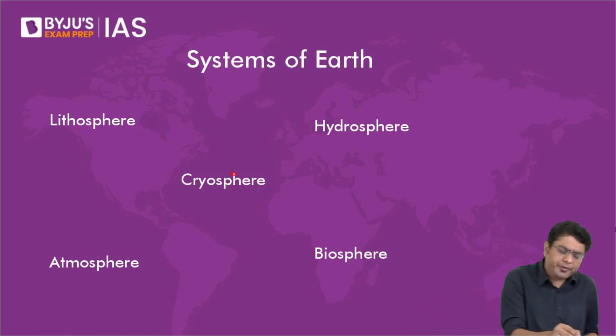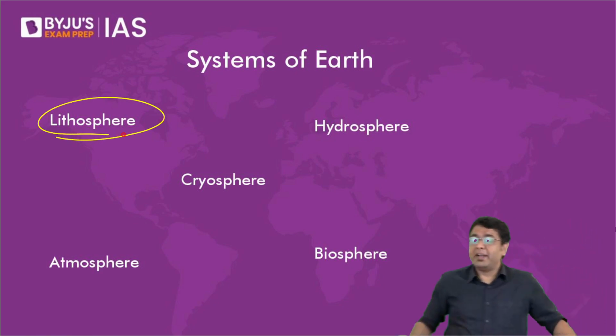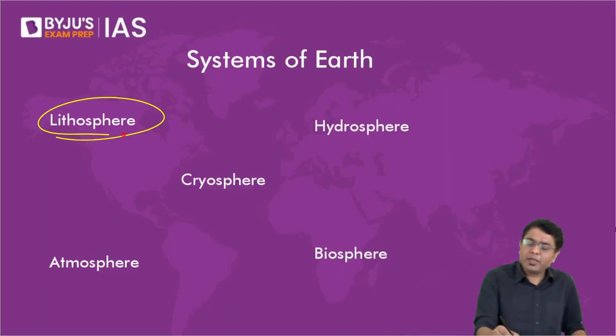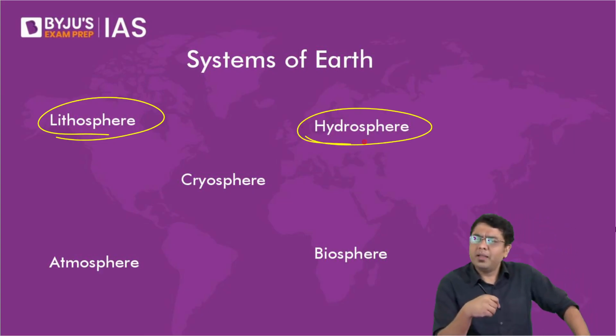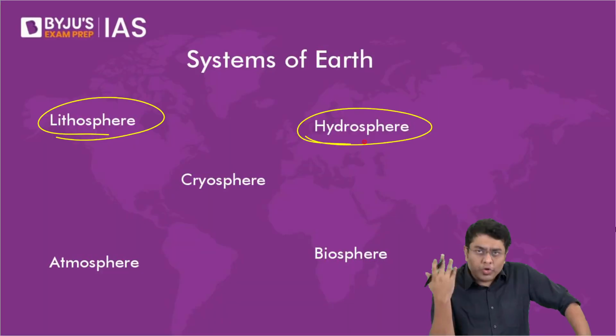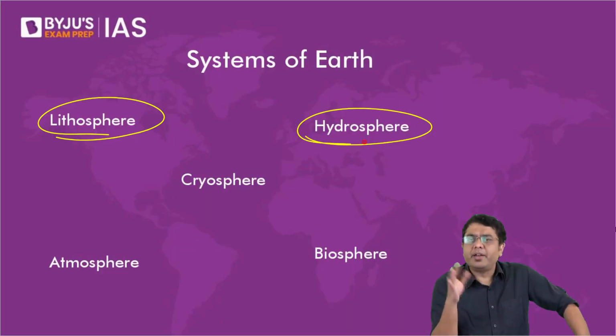That is the lithosphere, the land that we stand on, the land that we live upon. This lithosphere is something that we will cover under geomorphology. Then you have the hydrosphere, that includes all the water present across the planet, oceans, seas, etc. We'll study that in oceanography.